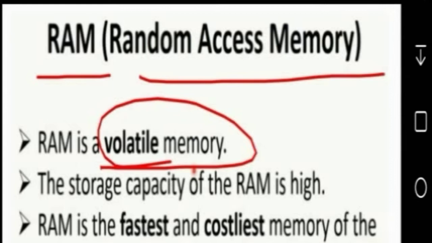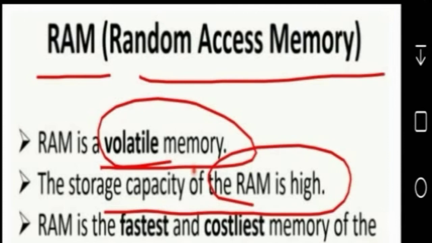That is why it is also called temporary storage. The storage capacity of RAM is high. RAM sizes start from 64 MB to 16 GB. That is why it is a very costly memory, and at the same time RAM is the fastest memory.